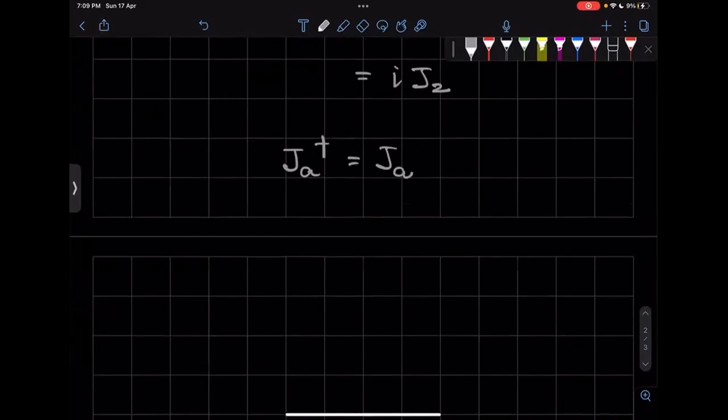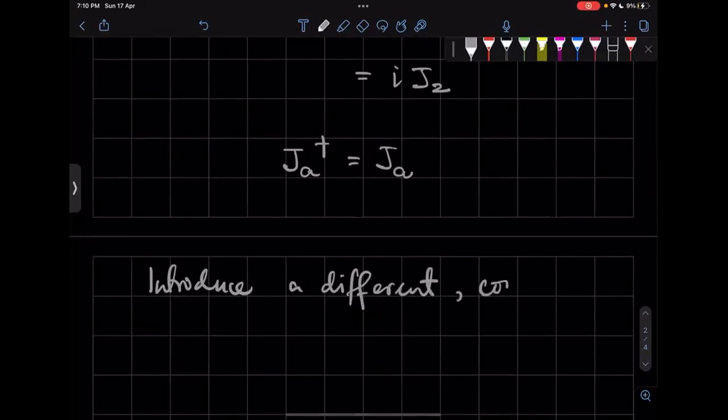So to develop the representation theory of the SU2 algebra, we have to follow Cartan and do something very clever. We introduce a different basis for the Lie algebra, a non-Hermitian basis. Okay, so we introduce a different complex basis for the Lie algebra of SU2.